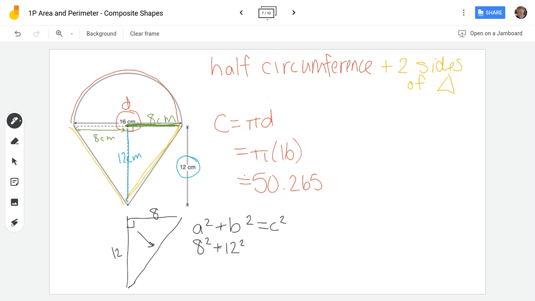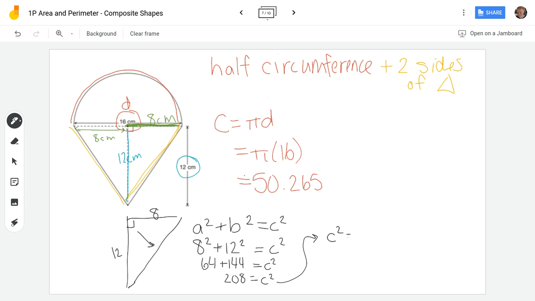So we're going to put these things together to be c squared. 8 squared is 64. 12 squared is 144. And then 64 plus 144 is 208. And that's equal to c squared. So again, we have to square root that answer to get the length of c.